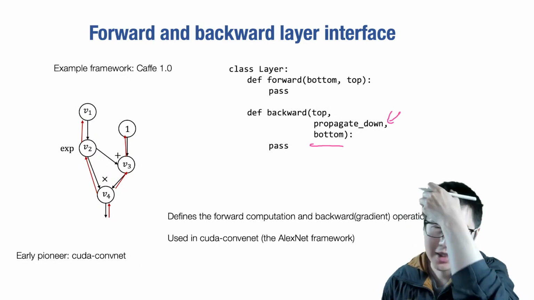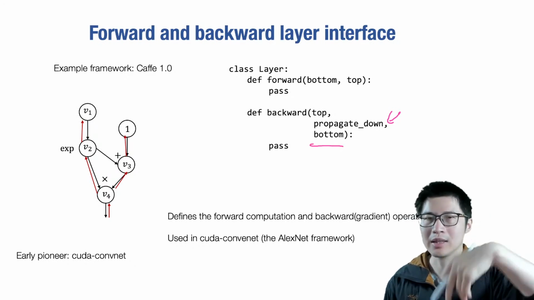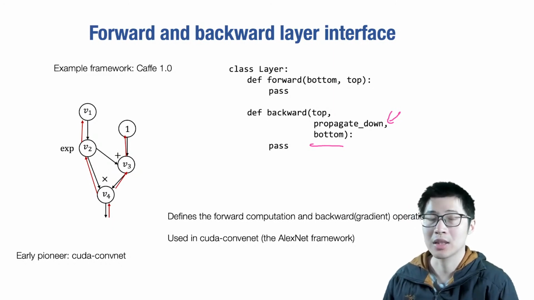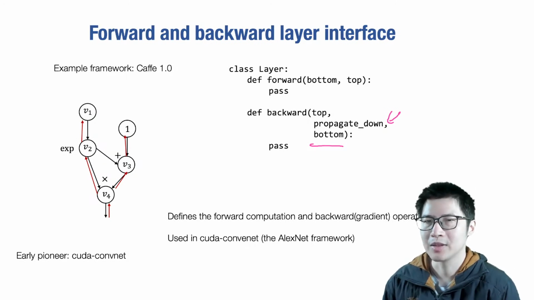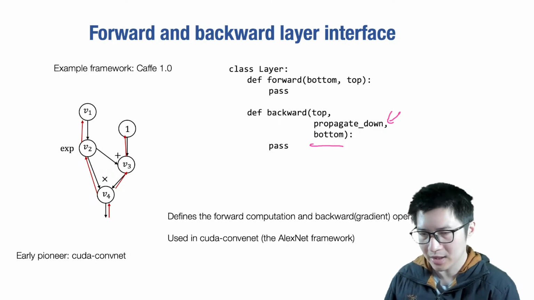And bottom contains the array that allows us to propagate the gradient onto. Of course, the backward function is also going to refer to some of the activations and data from the forward propagation.